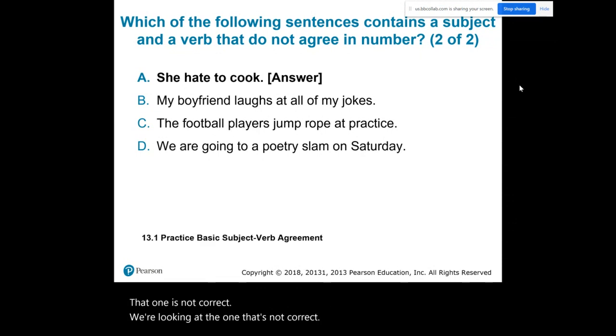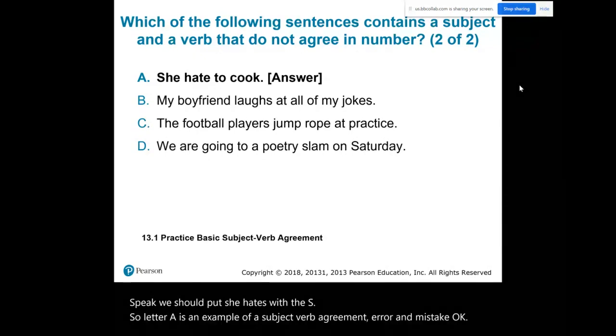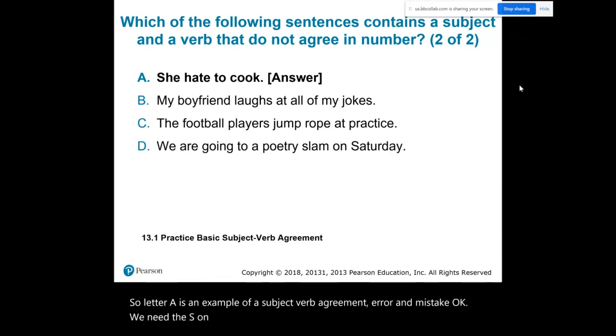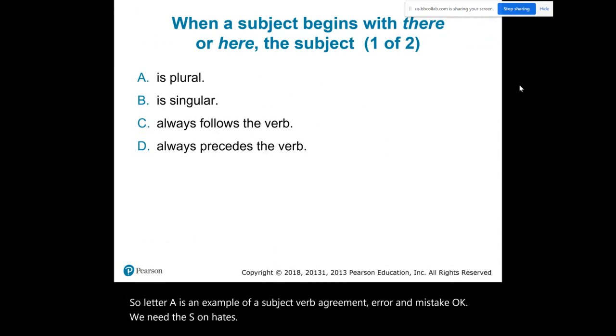It's actually going to be A. Oh, yeah. We should put she hates with the S. So letter A is an example of a subject-verb agreement error, a mistake, okay? We need the S on hates. Okay, good try.